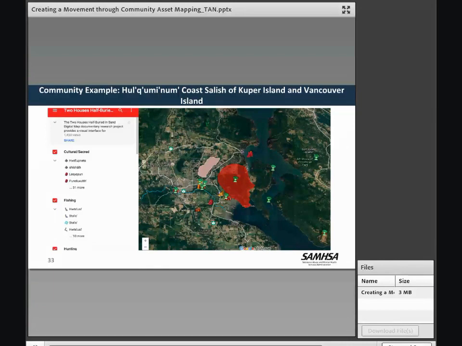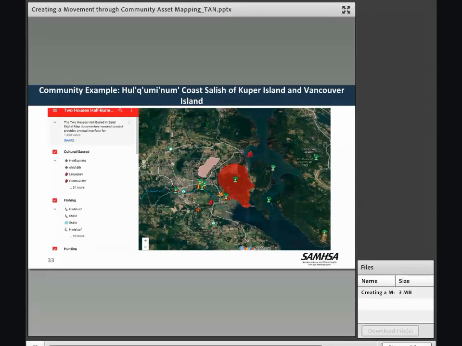So this is a community example. I really apologize if I'm pronouncing this wrong, but the Hul'qumi'num Coast Salish of Cowichan and Vancouver Island did this mapping project.